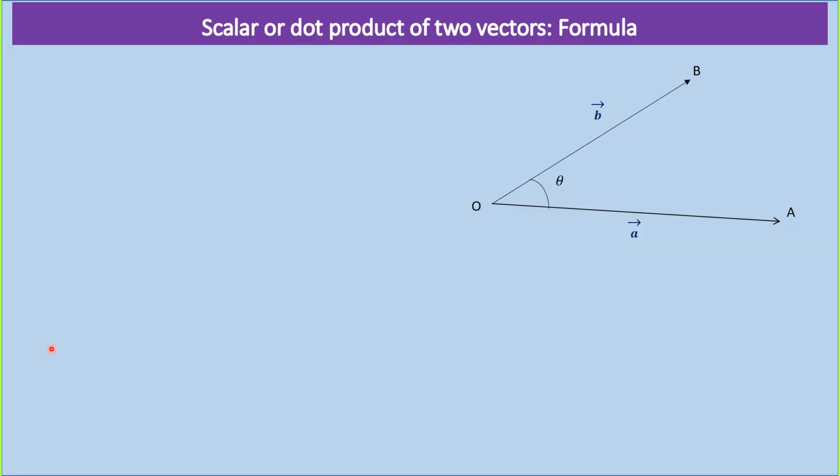Dear learners, in this chapter we are learning some formula based on scalar or dot product of two vectors. Now, let us think two vectors be vector OA is equal to 2, 4 and vector OB is equal to 6, 3.